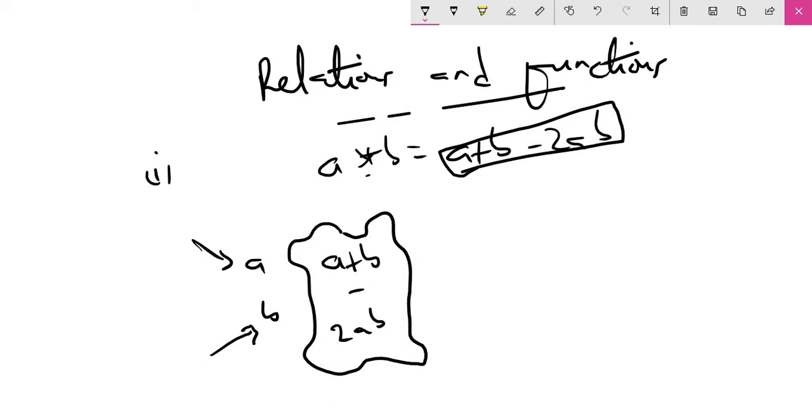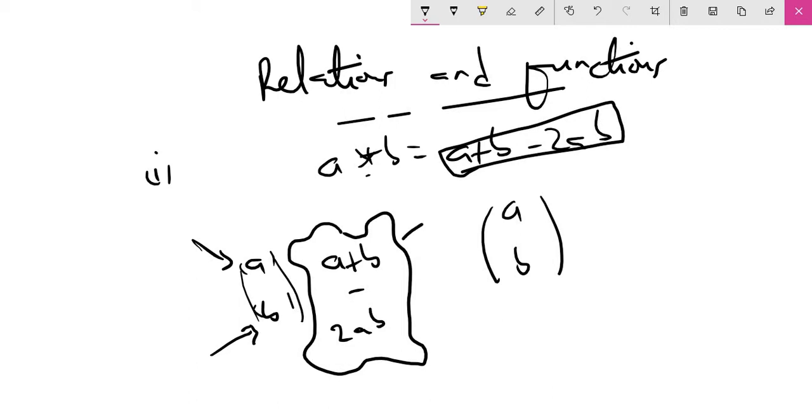So this particular machine only takes in A and B. So we can write A, B on one side like this. And now we look at the output.